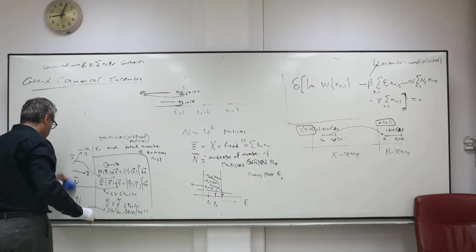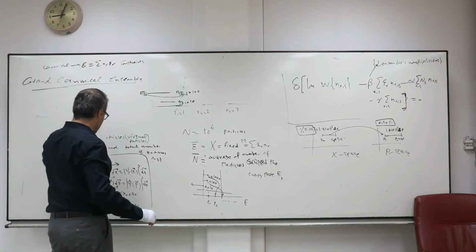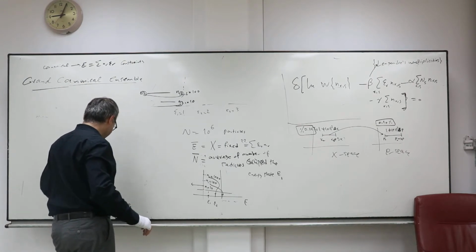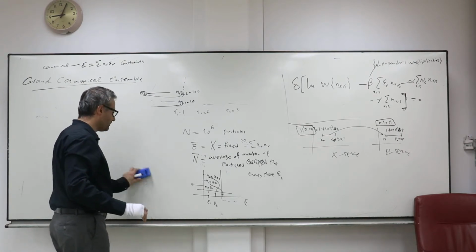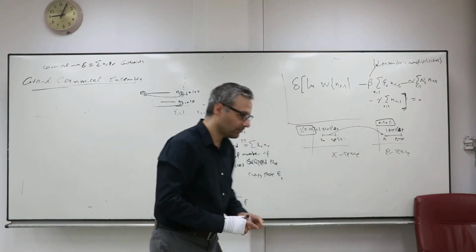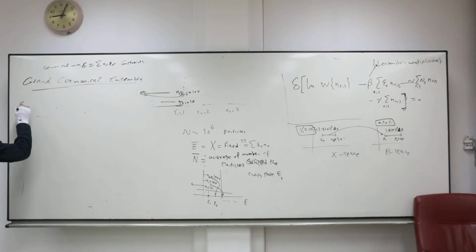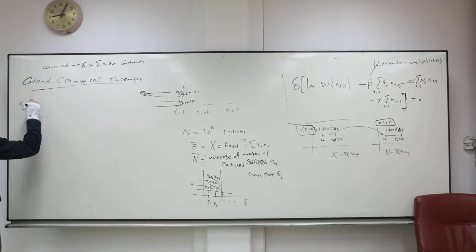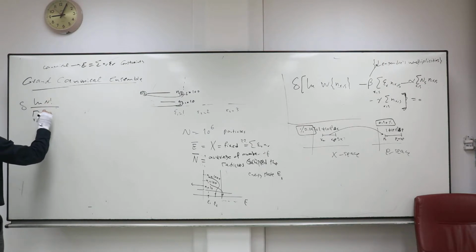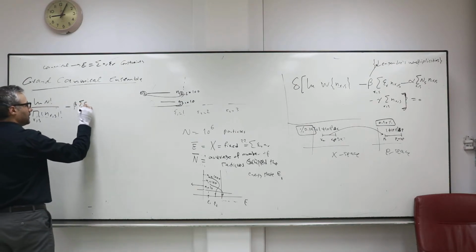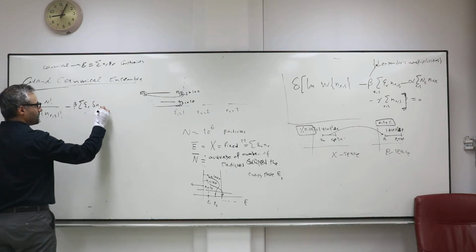So, if you make the variation from that, so variational n factorial pi rs n rs factorial minus beta sigma er delta n rs.